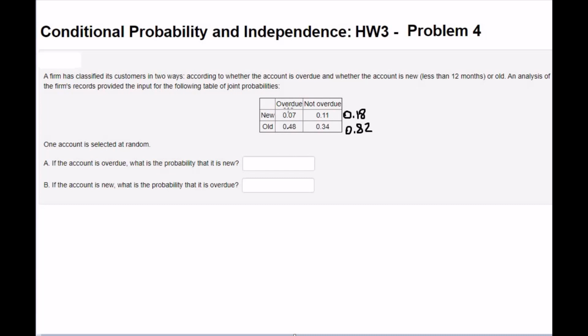And if we add vertically, we get 0.55 here, and we get 0.45 here. And always the corner here, right bottom corner, is always 1, which is representing the 100% of whole sample space.